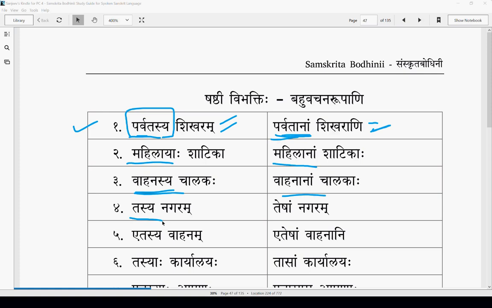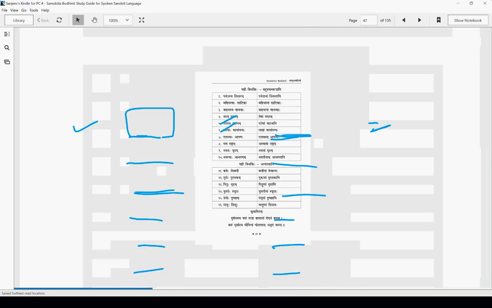And here we have shown additional pronoun words. We already know Etasya, Tasya, Tasyaha, and their Bahuvachana becomes Tesham, Etesham, Tasam, etc.